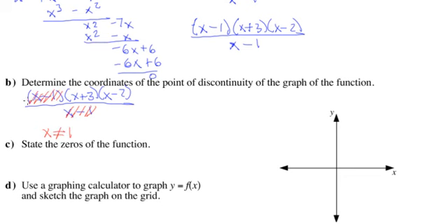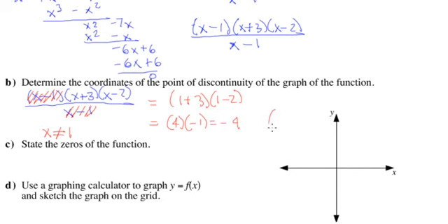But if those cancel, we're saying if we got rid of those two troublemakers and allowed them to cancel each other, how would the curve behave then? What if x were 1, and with these guys canceled out, there weren't any problem with putting 1 into the function? Well, then we'd get x plus 3 times x minus 2, which would be 4 times negative 1, so it would be negative 4.